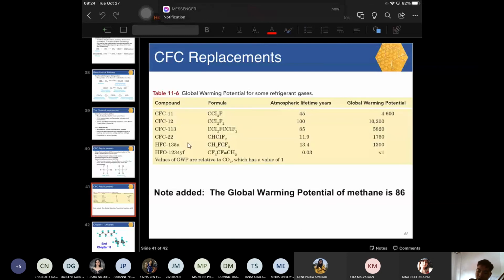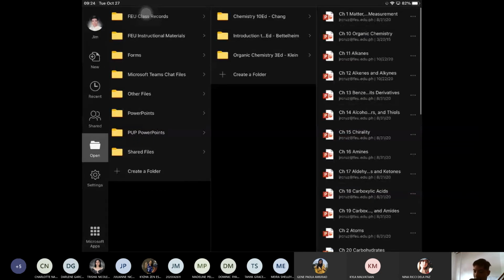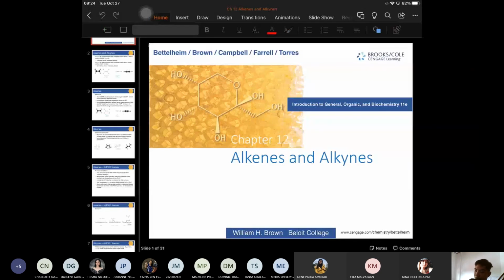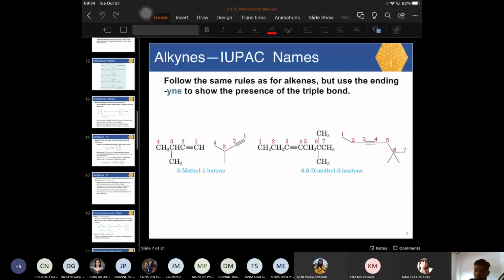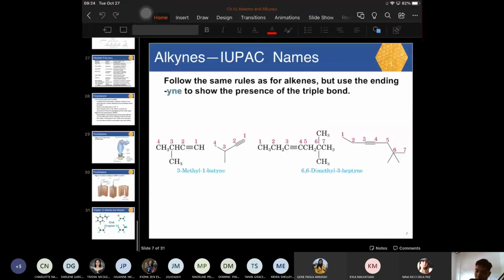Okay, so yun lang. So basically that's the end of our discussion. Next meeting na lang yung alkenes and alkynes, para hindi kayo info overload. So medyo marami tayong i-discuss next meeting. This is 31 slides, so please read them in advance, although the same concept applies to alkanes din naman.